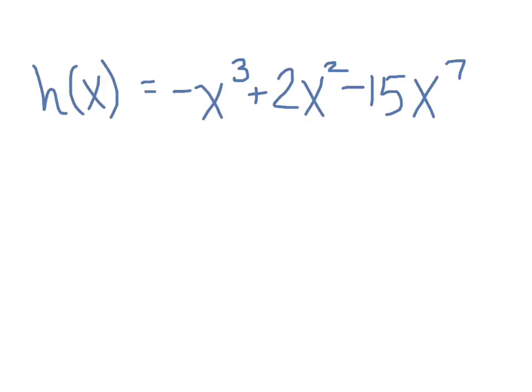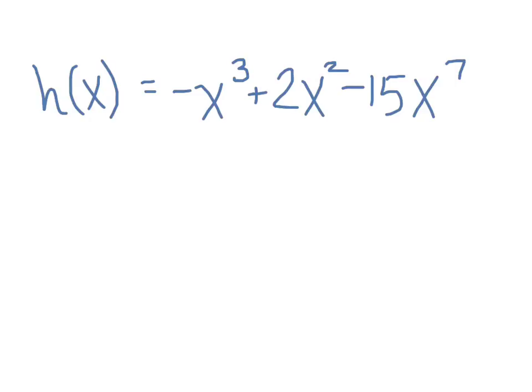First thing it's going to ask you is, is this a polynomial, yes or no? Yes. Why? Because there's not a negative exponent, or no fractions with letters in the bottom. If that shows up, it's not a polynomial.